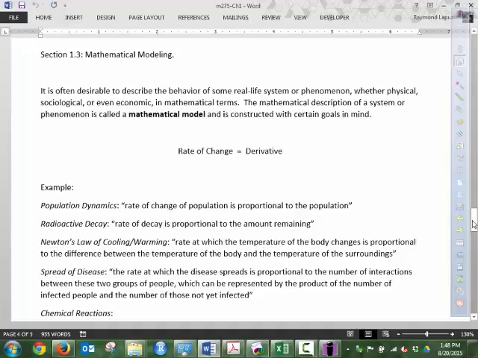Because in modeling in this class, what we want to do is model differential equations. And differential equations, you know, are equations where you have an unknown function and you're finding the unknown function. And in the equation, you have derivatives of the unknown function. So when we talk about derivatives, the phrase rate of change refers to the derivatives.